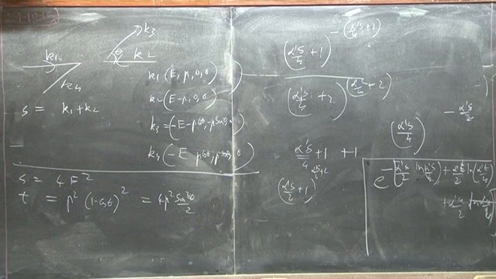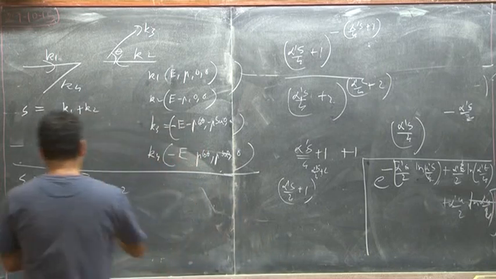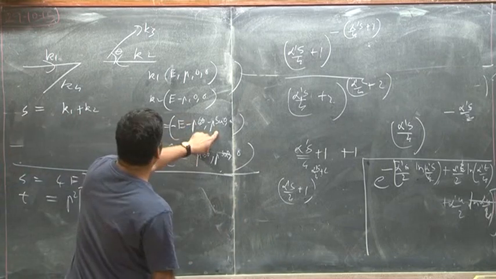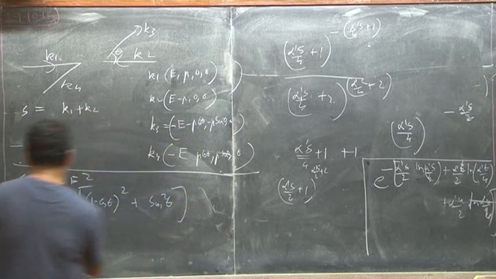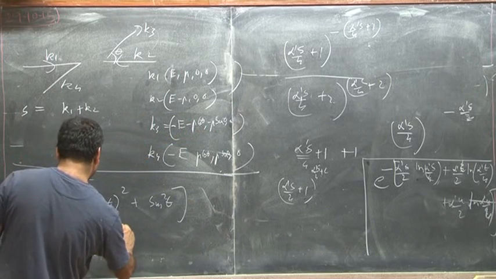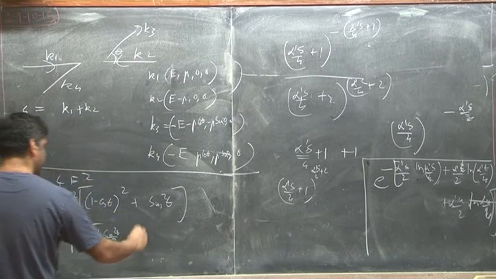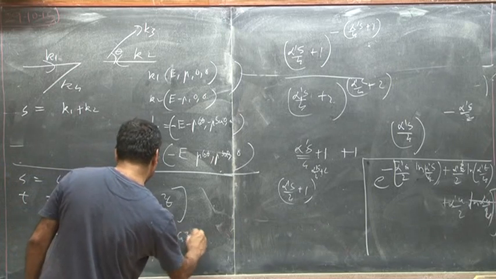Well, thank you. 1 minus cos theta the whole thing squared plus sin squared theta, which is equal to P squared into 4 sin squared theta by 2 plus 4 sin squared theta by 2 cos squared theta by 2.